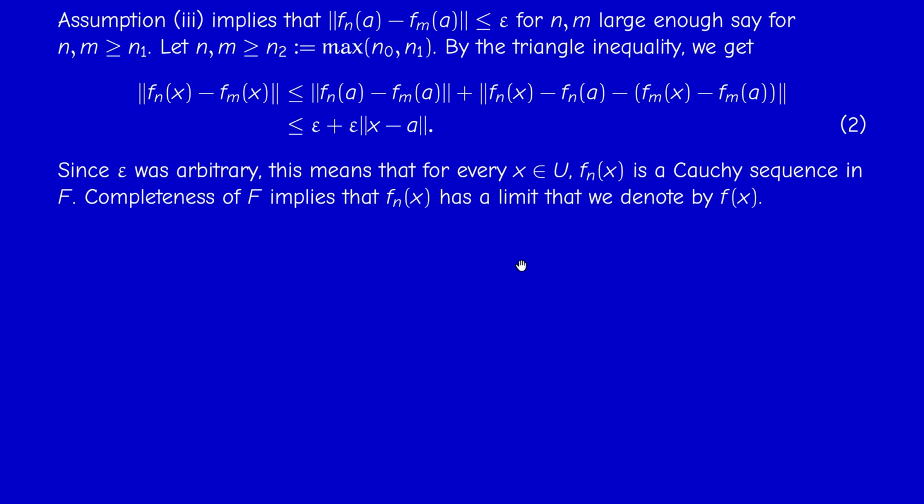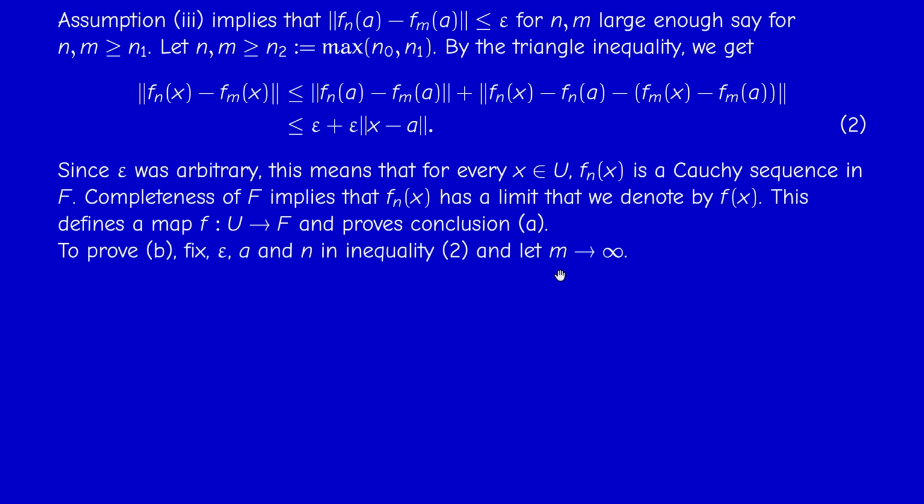This defines a function that depends on x, since the limit depends on x. So we get a new function f defined for all x, so defined on U. Of course, the fact that Fn of x converges to f of x means this is pointwise convergence for the time being.